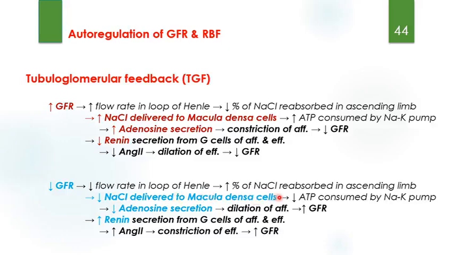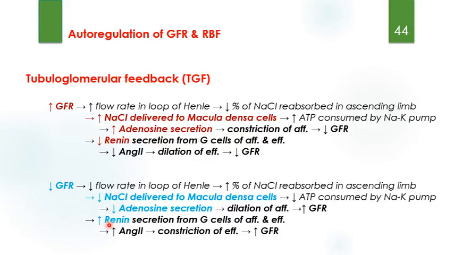So less sodium chloride will be reabsorbed, and less ATP will be consumed, and less adenosine will be generated, and reduction of adenosine level will lead to dilation of afferent arteriole, and dilation of afferent will increase GFR by increasing hydrostatic pressure at the level of glomerular capillary.